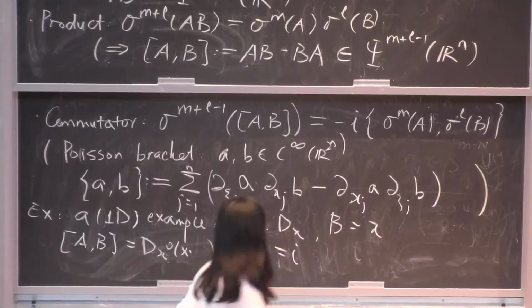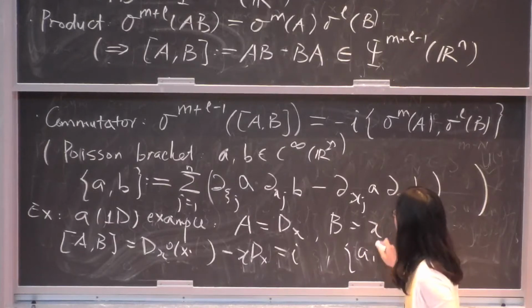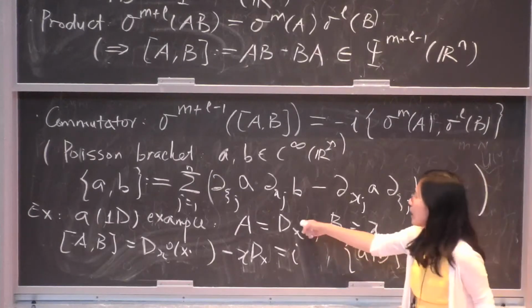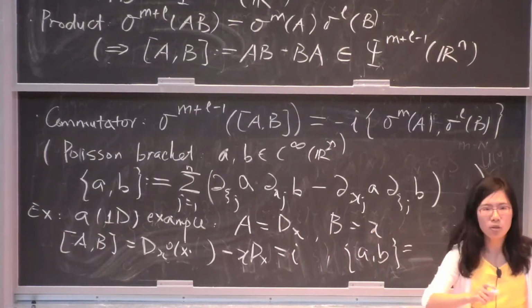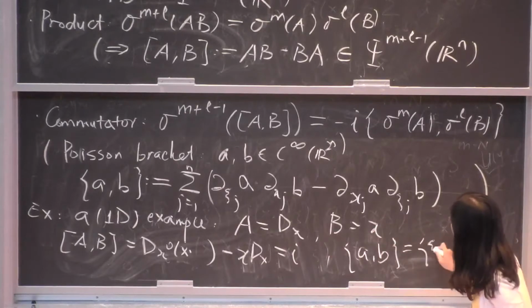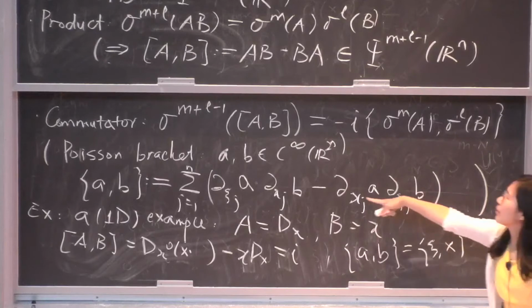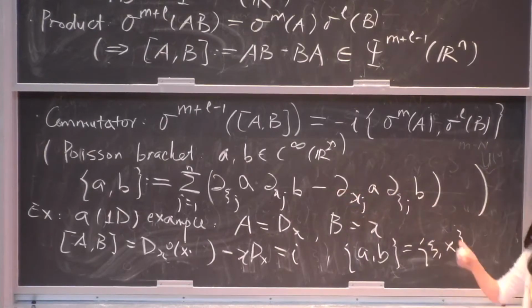On the other hand, you can apply the formula for the Poisson bracket. Here, the principal symbol of D_x is just psi, and B, the multiplication, is just x. So it's the Poisson bracket of psi and x. And then this is easy, just d psi psi times d x x. So that's 1.